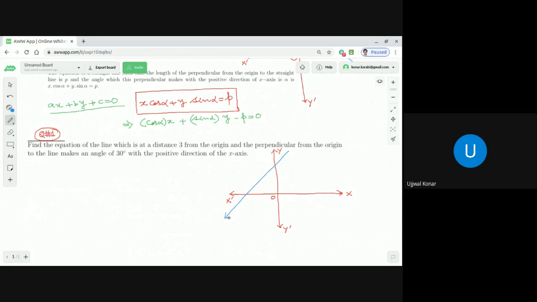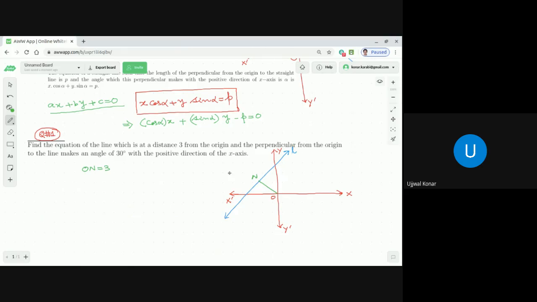We need to find the equation of this straight line. The distance from a point to a straight line is the perpendicular distance. So if from the origin we draw a perpendicular to the straight line, and N is the foot of the perpendicular, then what is given is ON is equal to 3.